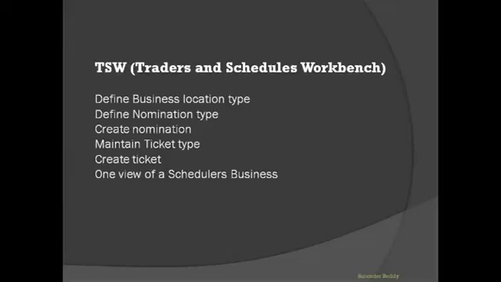Various types of locations are there; we call these business locations. Creation and managing of those locations we will discuss in TSW. Nomination is a document between the trader and the scheduler. Based on the nomination, we will create the ticket execution. These things we will discuss in the TSW functionality.